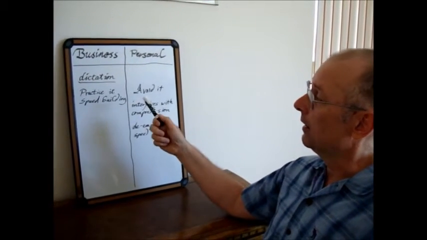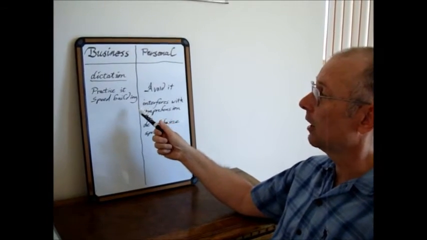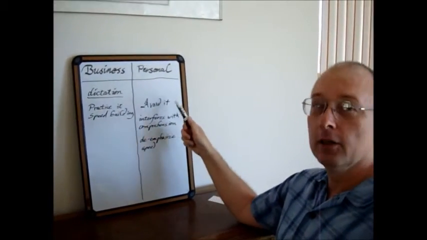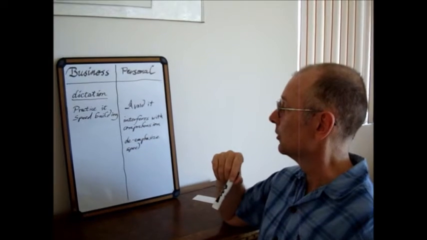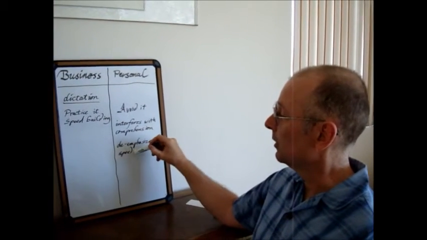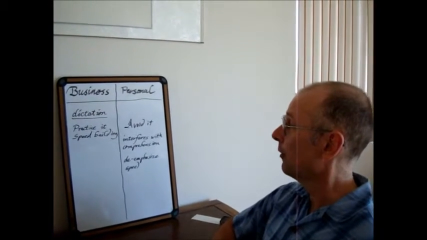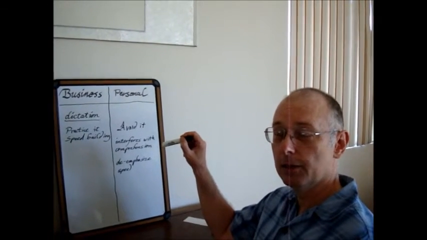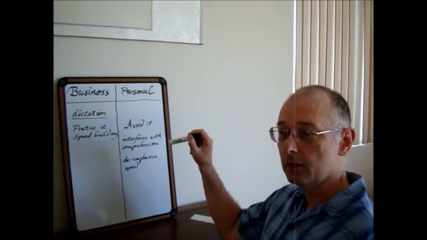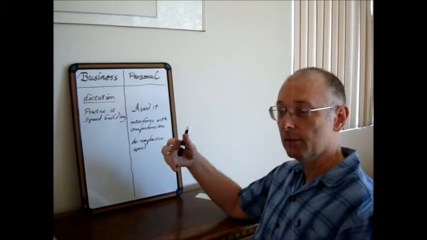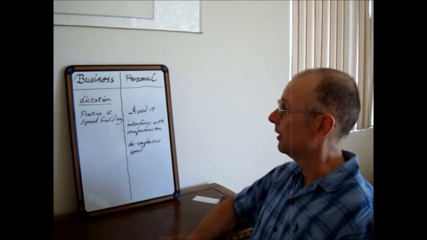So again, the common texts are going to have practice in dictation. They're going to have practice in speed building. Those are not things that we want to use for personal shorthand. And here we want to even de-emphasize the speed. There will be other elements that we're going to emphasize, but those will be focused on our goals of comprehending and summarizing the material and then writing it down in an efficient manner.